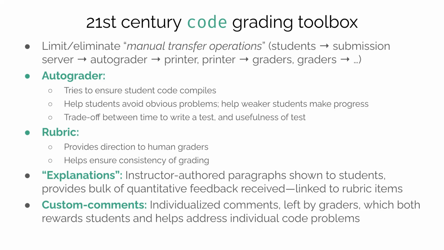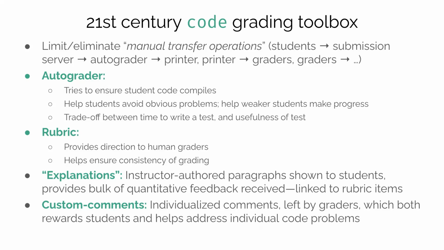The second ingredient is an auto grader that tries to ensure first and foremost that student code compiles, because if student code doesn't compile, then grading the code is a very different work. Compiling gives you a lower bound from which to discuss, but if you don't have that lower bound, then feedback can go in many different directions. And then the auto grader helps students eliminate obvious problems, and it helps the weaker student make an iteration of progress.